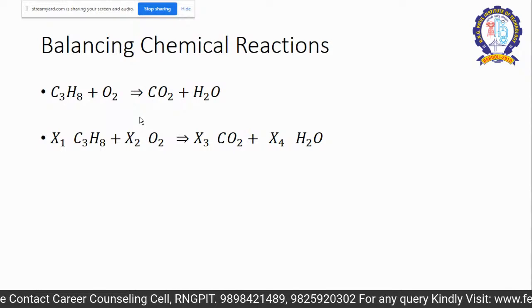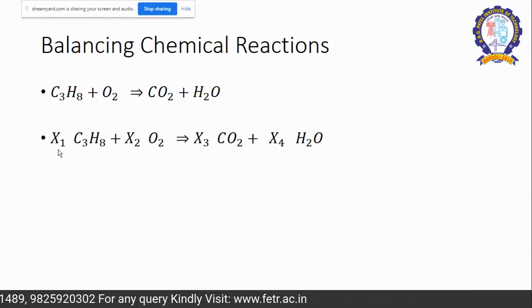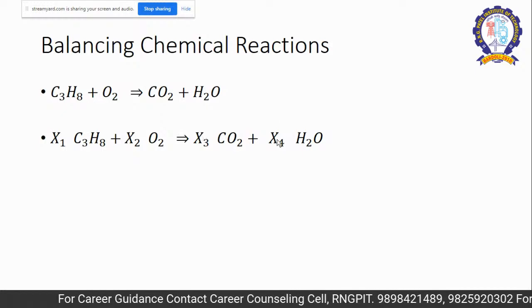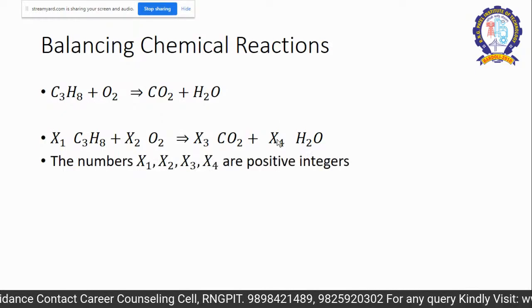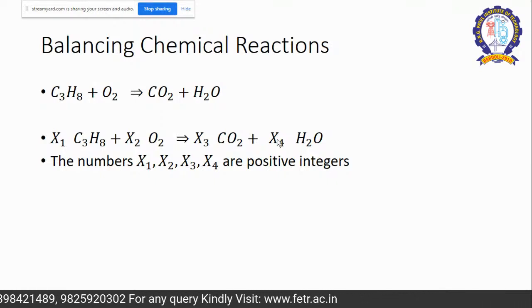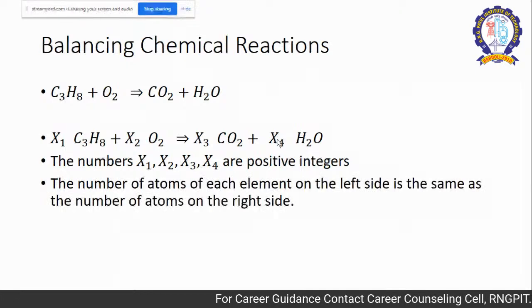So we multiply by constant variables x1, x2, x3, and x4. We do not use half molecules, so x1, x2, x3, and x4 are positive integers.